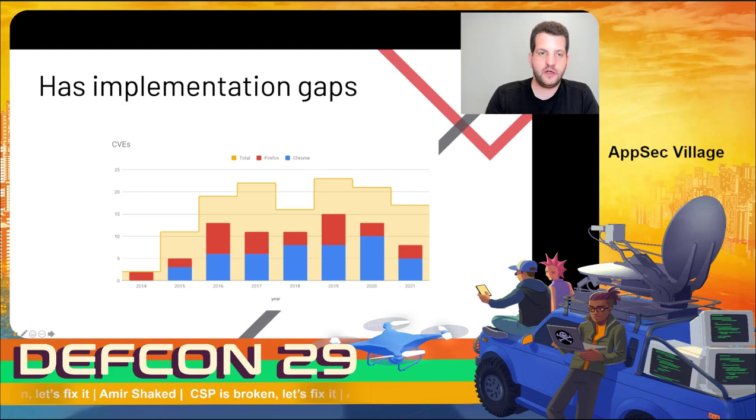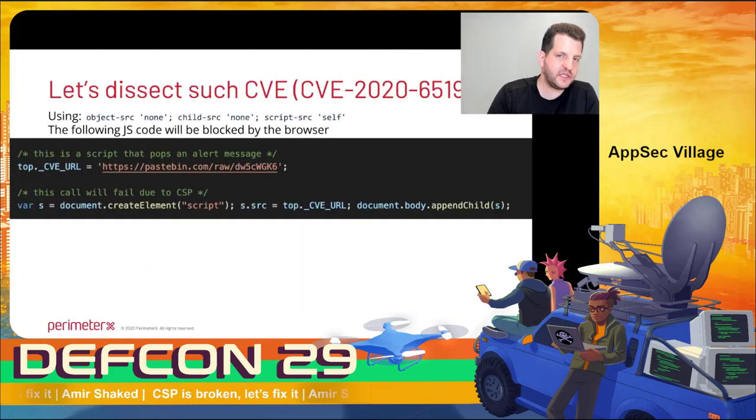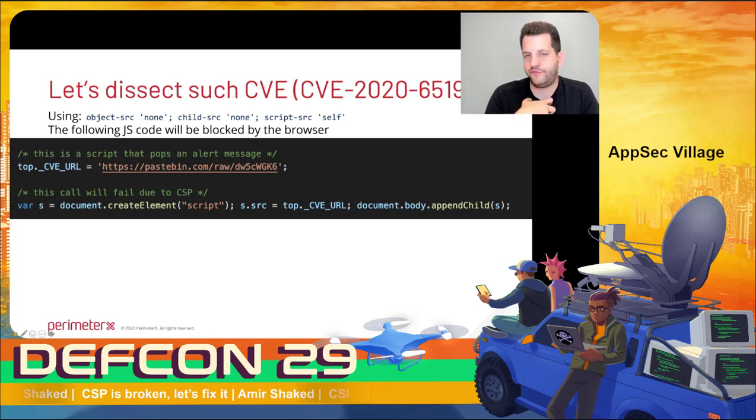I want to give an example of one such CVE that we found and published last year. It's pretty straightforward to explain. Using the following directive, say object source should be none, child source none, and script source only from yourself, the following code should be blocked, and it is blocked when you're just trying to create an element and add a URL coming from an external domain.